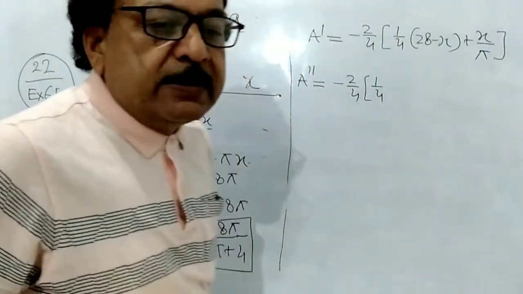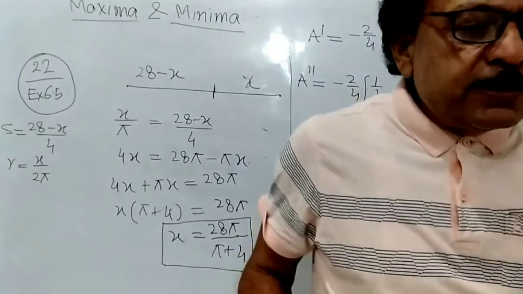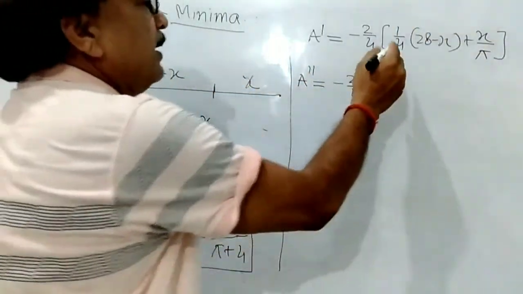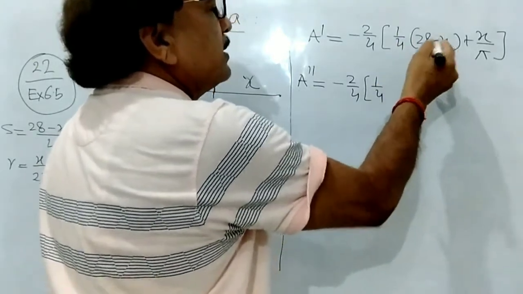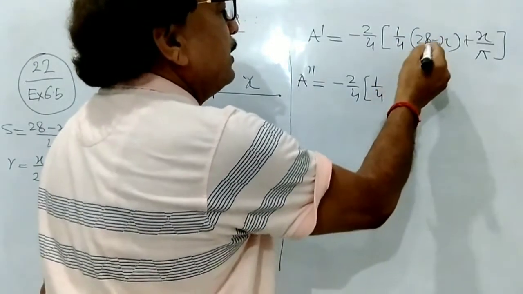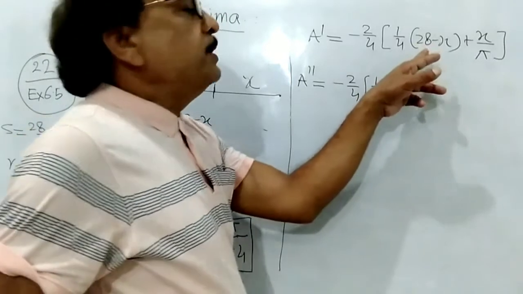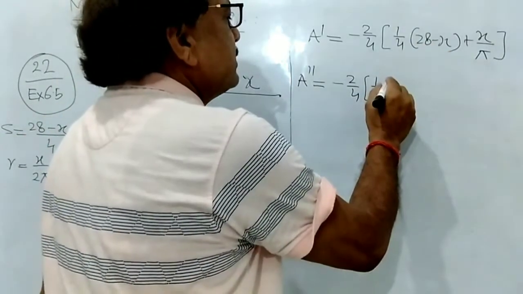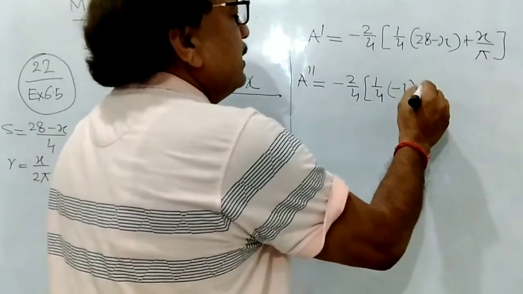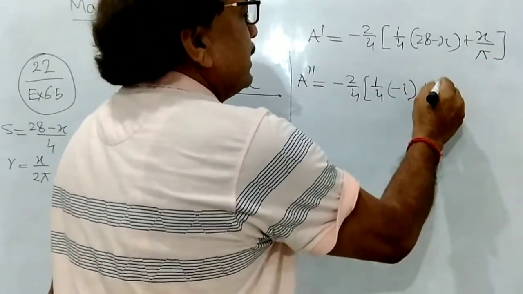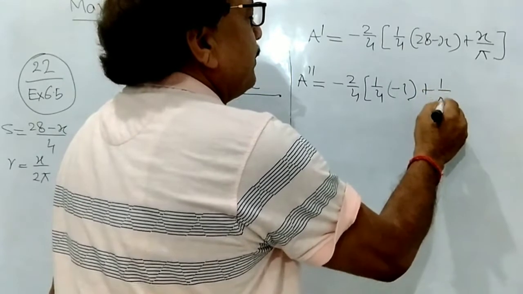The derivative of 28 is 0 and of minus x is minus 1.